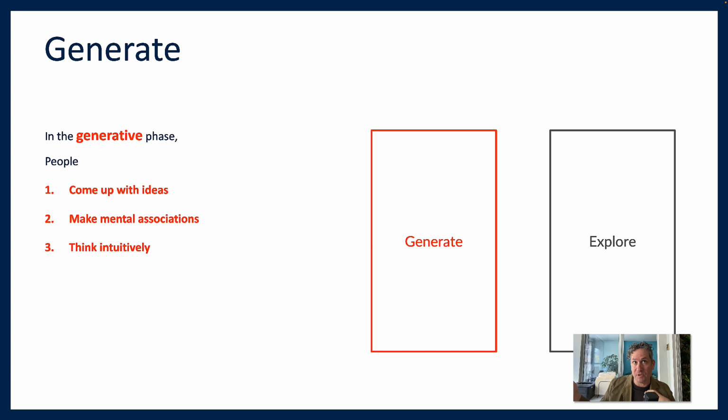That's something we're going to explore in more detail a little later in the course. What else happens in this generative phase? Well, people tend to think in a distinctive way. We tend to think more intuitively. We don't tend to be very logical when this happens. So that's the generative phase.